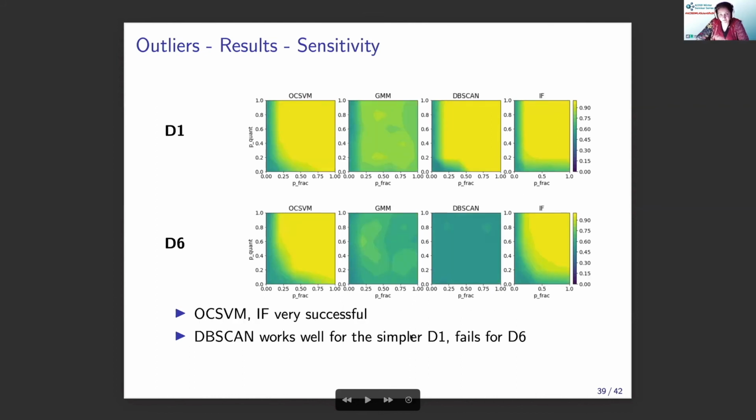Density-based algorithms, one-class SVM really quite successful, as is dbScan. As is isolation forest. They do very well for dataset 1. Dataset 6, not so much, but still one-class SVM and IF are very successful. Gaussian mixture models struggle with the non-linearity, and for some reason, dbScan just doesn't quite get it. There's just too much there, it can't quite fit it. And again, that may be to do with the hyperparameters chosen for this particular system.